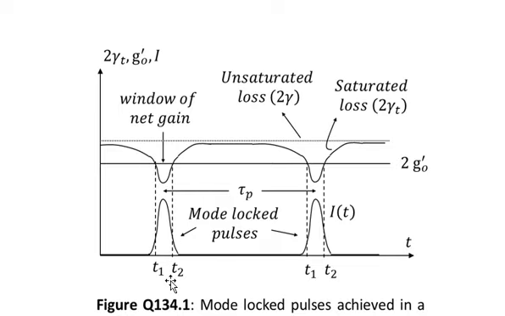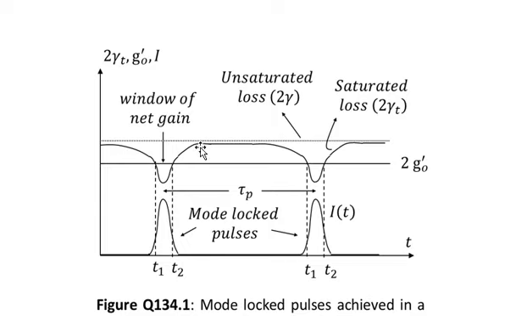So outside the region from T1 to T2, where the absorber is in the saturated condition, presenting minimum loss, the pulse will appear, but at the other regions where the intensity of the laser is zero, it means that the saturable absorber is in the unsaturated condition, presenting maximum loss, and that loss is higher than the gain of the medium.